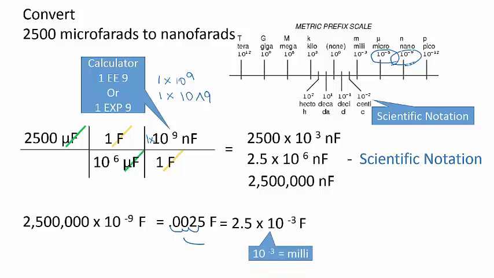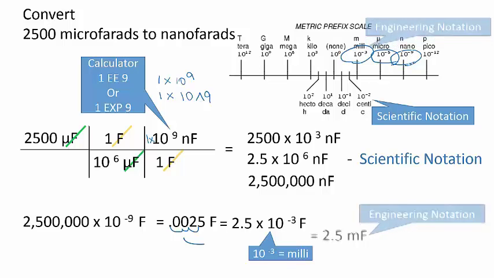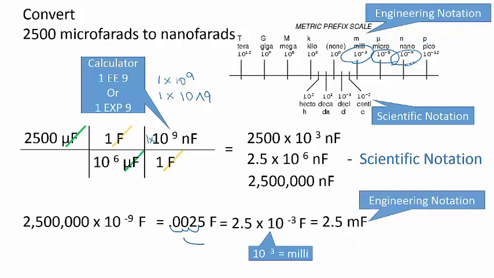Well, 2.5 times 10 to the negative 3, that is milli. So what you would do for engineering notation is pull out the 10 to the negative 3 and put in the milli. So it's actually 2.5 millifarads. Now, yeah, that's not answering my question, which I said nanofarads, and that would be the answer right here. But this gives us the answer in the best version of engineering notation.